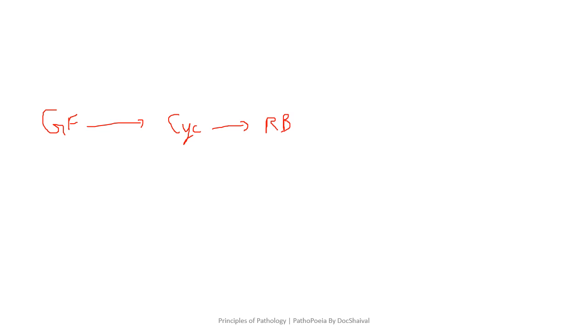Now when the RB is hyperphosphorylated, its activity decreases, and this causes the freeing of E2F. E2F is normally bound by the retinoblastoma. Actually, let me draw it on the side. Let's say we have this E2F molecule, and the retinoblastoma just holds the E2F like this, as I've drawn.